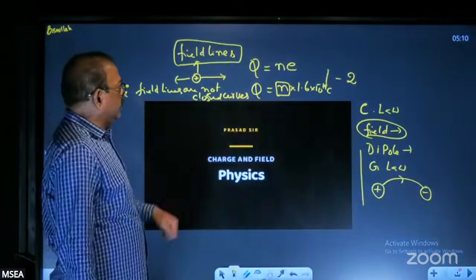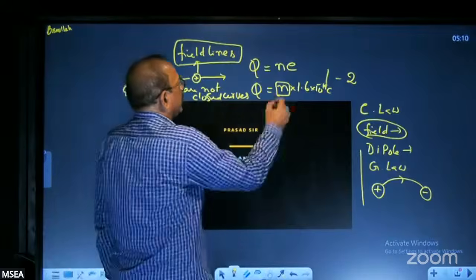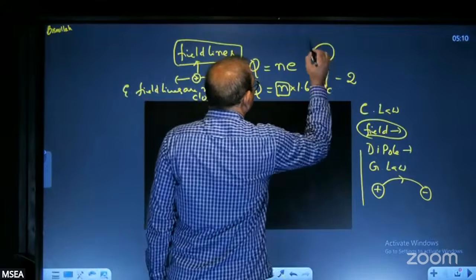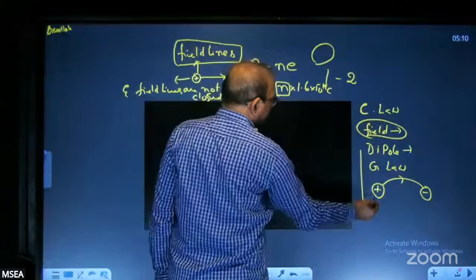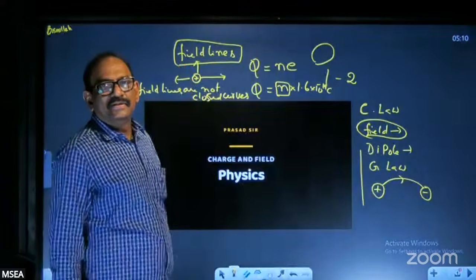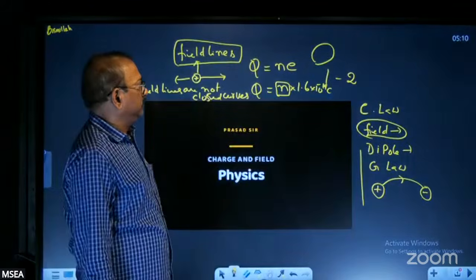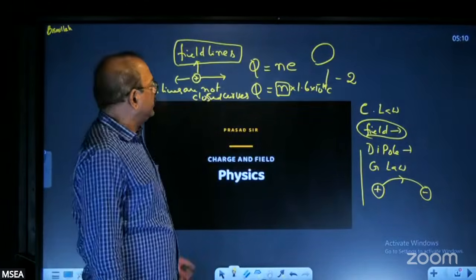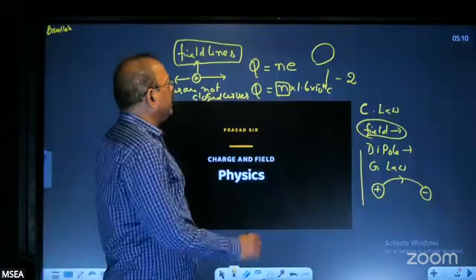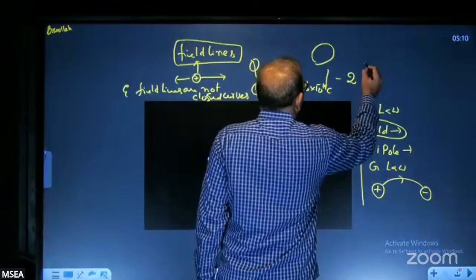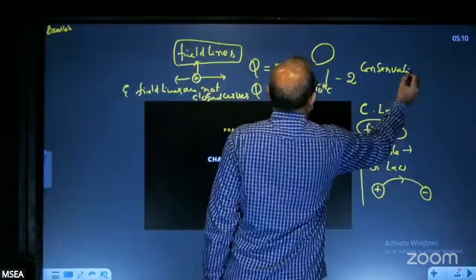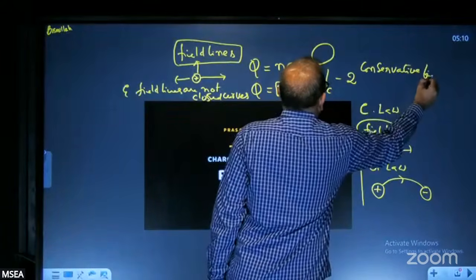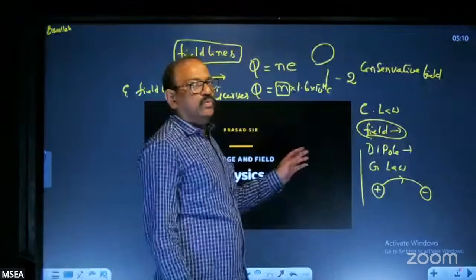Why are they not closed curves? Suppose the electric field line is a closed curve, the field line must start from one charge and end at that charge only. That is impossible, no? That is one reason. Second, electric field is a conservative field.